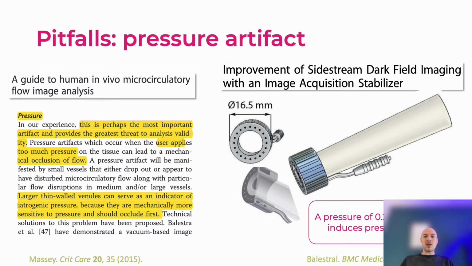Some devices have been proposed to overcome this problem, but have never made their way into routine use. Fortunately, the pressure artifact is notably reduced with the latest generation of HVM weighing approximately 130 grams.